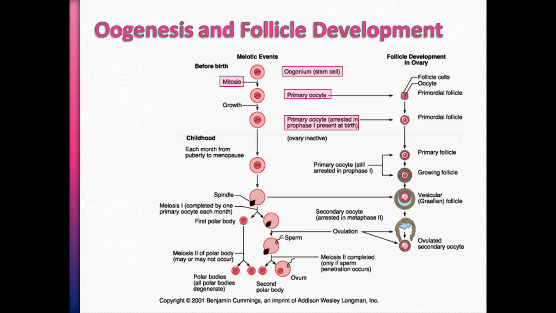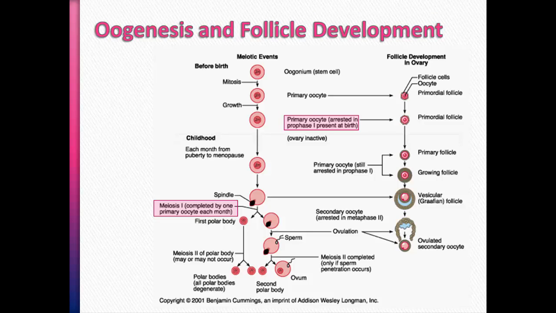The primary follicle can be identified as just a 1-cell layer around the developing primary oocyte. Now, still the primary oocyte is arrested in prophase 1. Every month, the dominant primary oocyte, or the dominant follicle, will continue to develop and become what's called the vesicular or Graafian follicle.